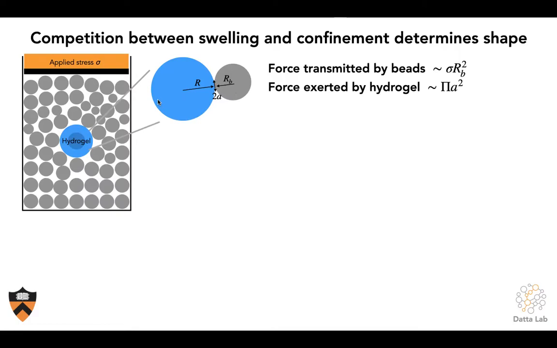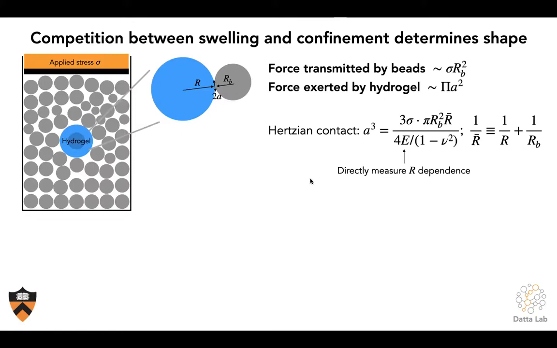As the hydrogel swells, it pushes back on the beads, and that force is given by the osmotic swelling force times the area of this contact region at which the hydrogel is pushing on the beads. And that's something that we can estimate using typical Hertzian contact mechanics. So this depends on the amount of load on this matrix, the size of the hydrogel, the size of the beads, and the elastic modulus of the hydrogel, which we measure at different degrees of swelling.